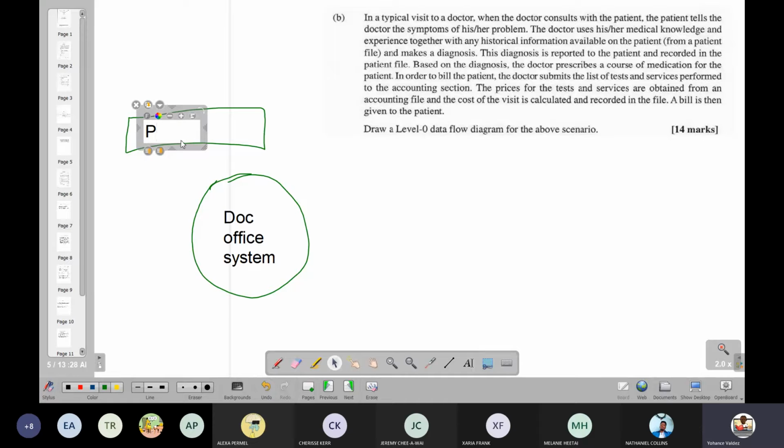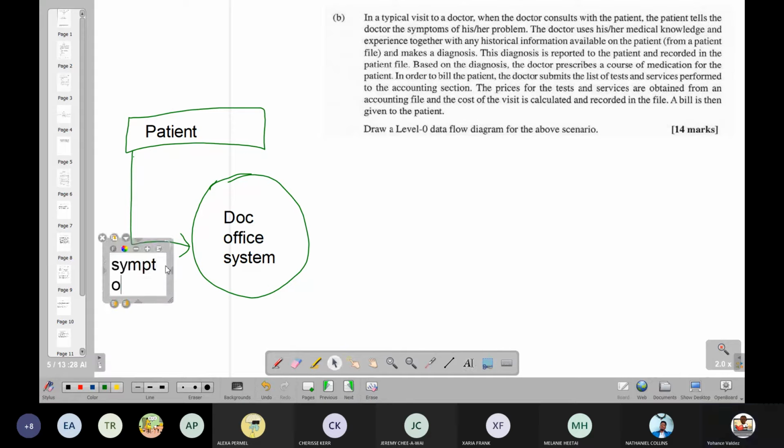So P, the patient, and what does the patient put into the system? They will tell the doctor their symptoms. So symptoms is an input to the system.